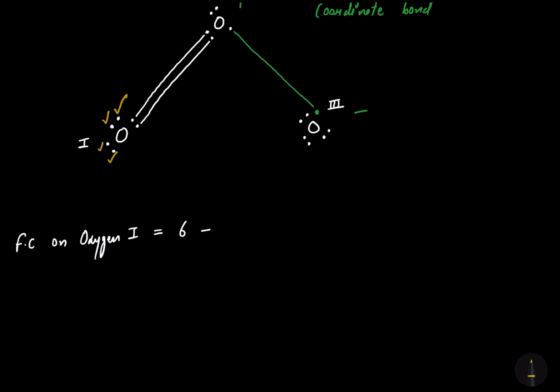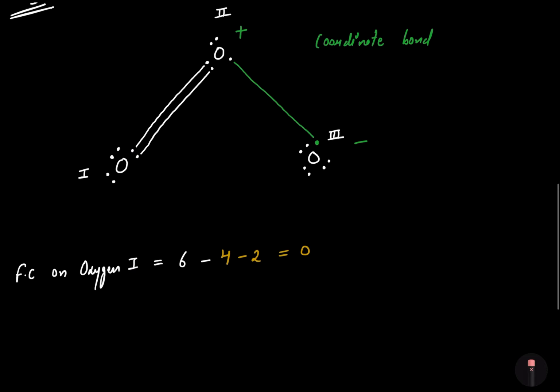These 4 electrons are in a non-bonded state, so it comes out to be -4. Then the number of bonds formed by oxygen number 1: the first bond, the second bond. So we are going -2 over here, and this comes out to be 0. That means oxygen number 1 has a 0 formal charge.